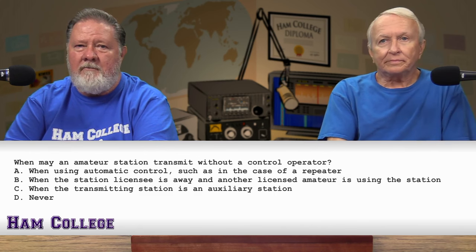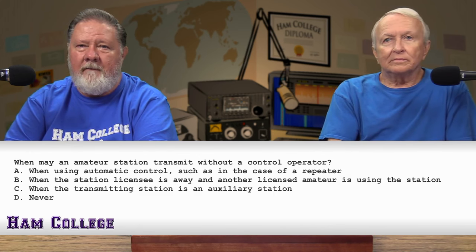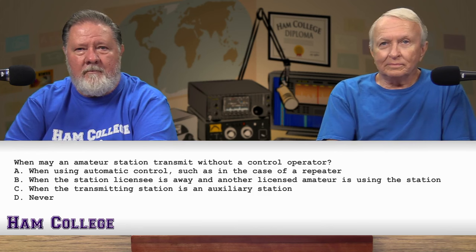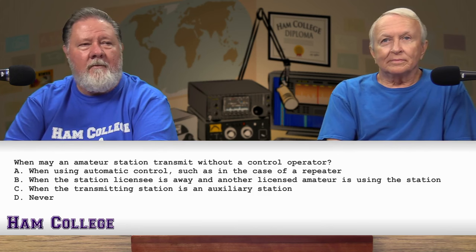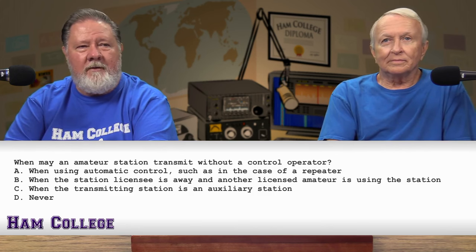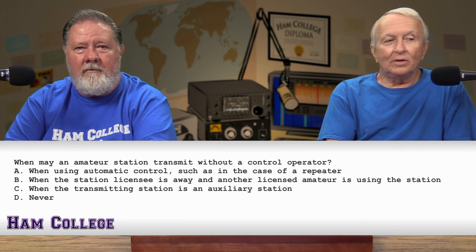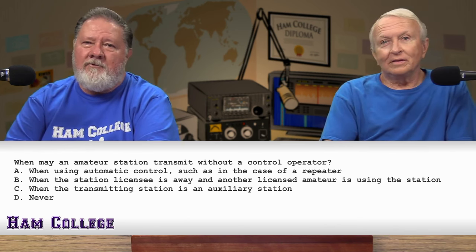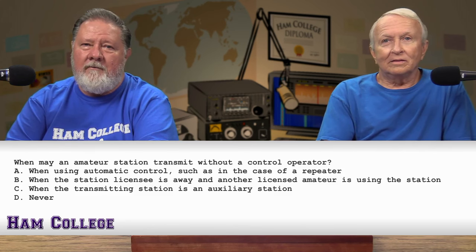I think it's going to be between A and D. Control operator. If you're talking on the repeater, you're using a handy talkie or something, you're still the control operator, right? Well, I can neither confirm nor deny. I think this might be a tricky one. I think I'm going to go with D, never.